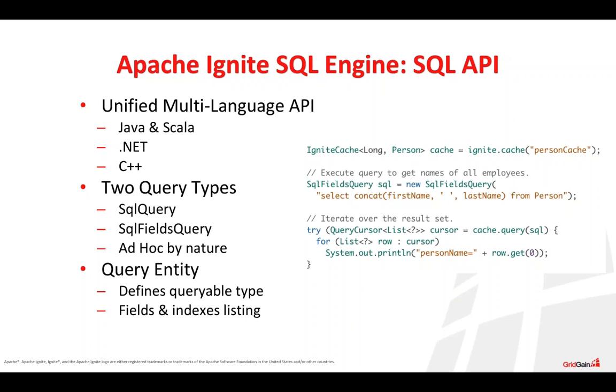And next, query entities is a specific component of the Apache Ignite SQL engine, and this class is used to define queryable types, so actually the data types that are stored in your cache, and it allows you to define fields and indexes for these types.